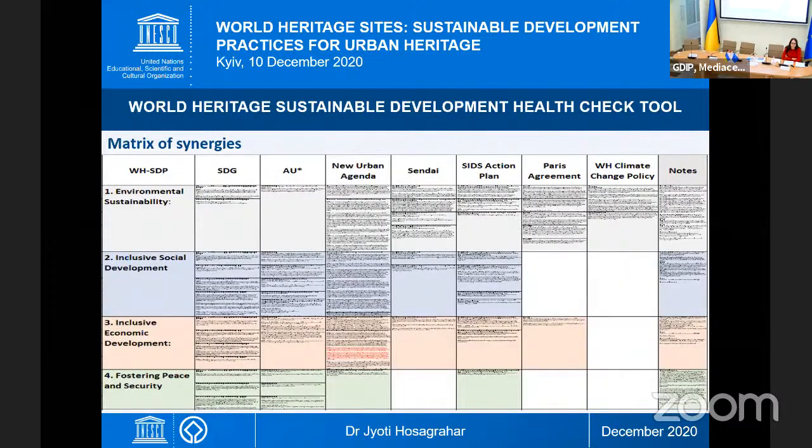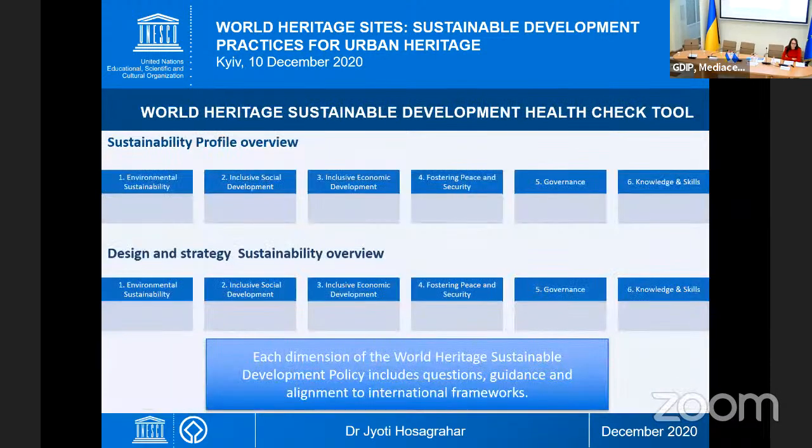The first thing that we did was, of course, to look at the synergies between the World Heritage Sustainable Development Policy and a number of other international agreements, policies, and actions, and then develop a framework out of that. The framework that we developed, the health check, looks at the sustainability profile overview across these dimensions: environmental sustainability, inclusive social development, inclusive economic development, fostering peace and security, governance, knowledge, and skills. Similarly, we also have a design and strategy sustainability overview, where each of these dimensions is also looked into.